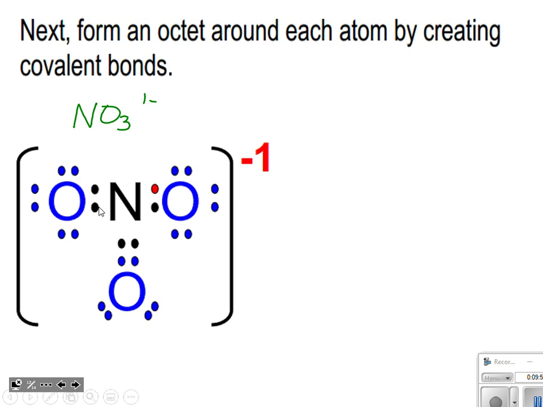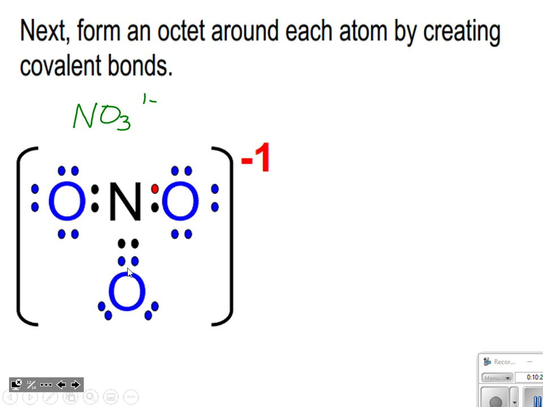That is what we call a coordinate covalent bond. You don't need to know that, but that's what it is. A coordinate covalent bond is where nitrogen just says, I'm a nice enough element here that I'm going to let you use 2 of my electrons, and I'm not going to get anything in return. Okay? So this oxygen fills its octet by nitrogen allowing it to use those 2.